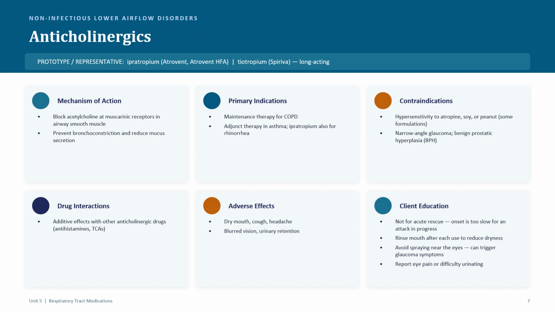You will see these same effects, though, dry mouth, blurred vision, and urinary retention, in a few slides when we get to the first generation antihistamines. It's sort of like the same receptor families being blocked, so it's got the same predictable pattern. But we will talk about that in a few slides when we get over to the antihistamines.